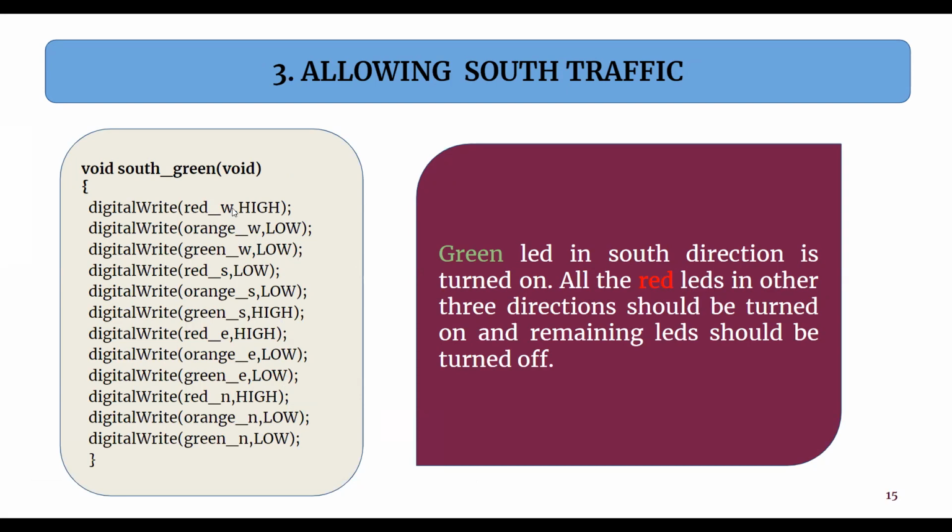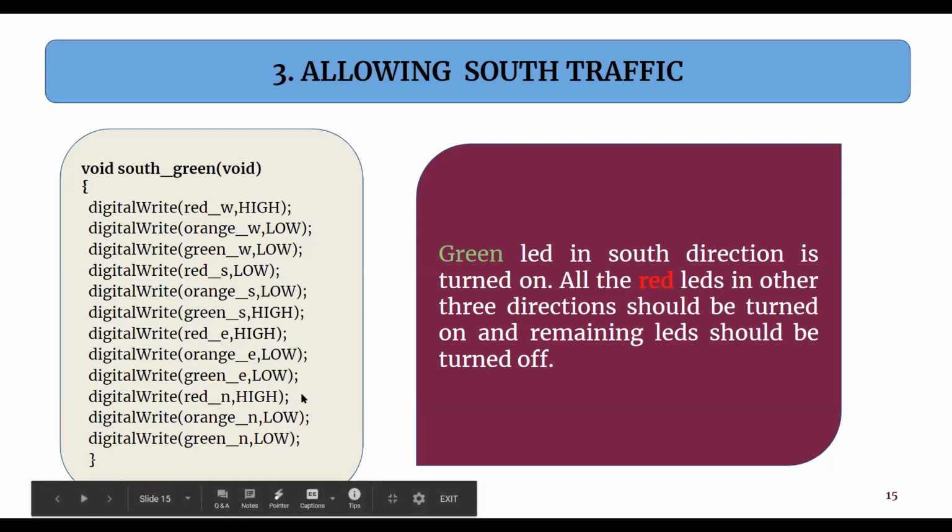So we have given red west as high, and red south is low and orange south is low, as we are allowing south traffic. So the green bulb of the south should be high, and the red bulb of the east direction is high, and the red bulb of north direction is high, and the other bulbs of the other 2 directions are low.